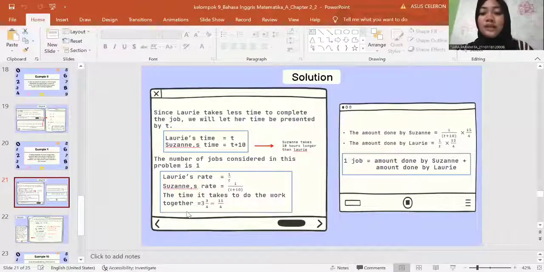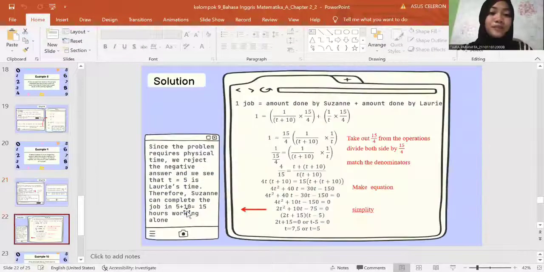One job is the amount done by Susan plus the amount done by Lowry. Since the problem requires physical time, we reject the negative answer and we see that t equals 5 is Lowry's time. Therefore, Susan can complete the job in 5 plus 10, 15 hours working alone.